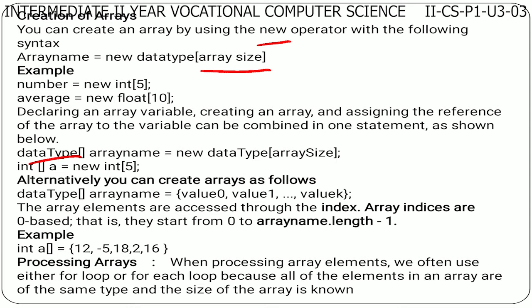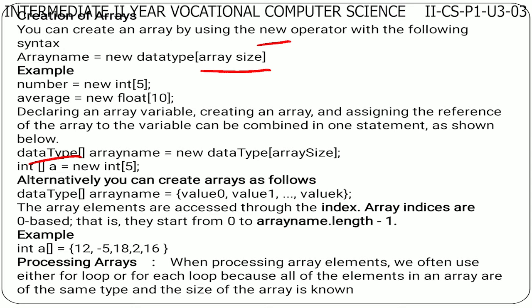Alternatively, we can also do it in this way, that is data type brackets space array name equals to within flower brackets you can enter the values, value 0, value 1. In that case we can enter the values in this way. The array elements are accessed through the index.